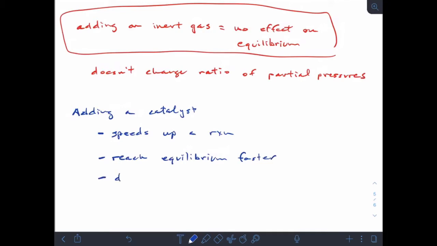But it doesn't affect the equilibrium itself. All right, we reach the same equilibrium if we add a catalyst. We just get there faster. Okay, but the equilibrium itself is not affected. We don't shift one way or the other by adding a catalyst. Okay, so that little piece there is important.